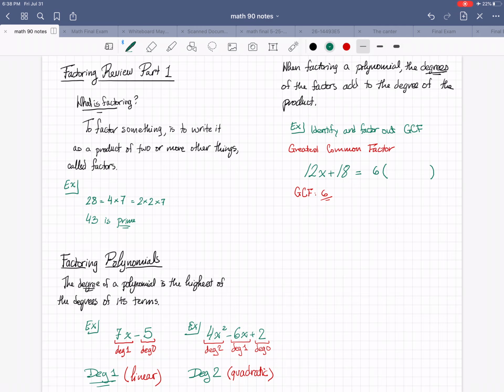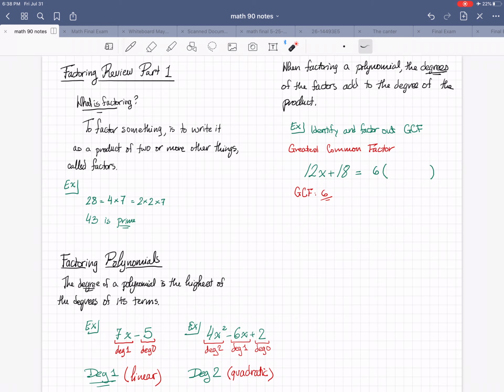Now this is where the degree statement that we made above becomes important. 12x plus 18 is a linear polynomial, and 6 is constant, so its degree is 0. Since the degrees of the two factors have to add to the degree that we started with, this has to have degree 1, which means it'll probably have an x term, and it'll probably have a constant term.